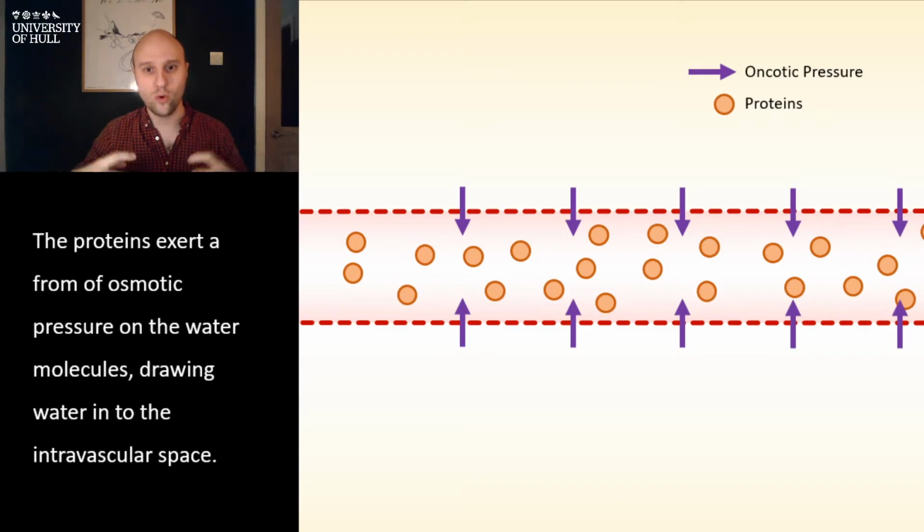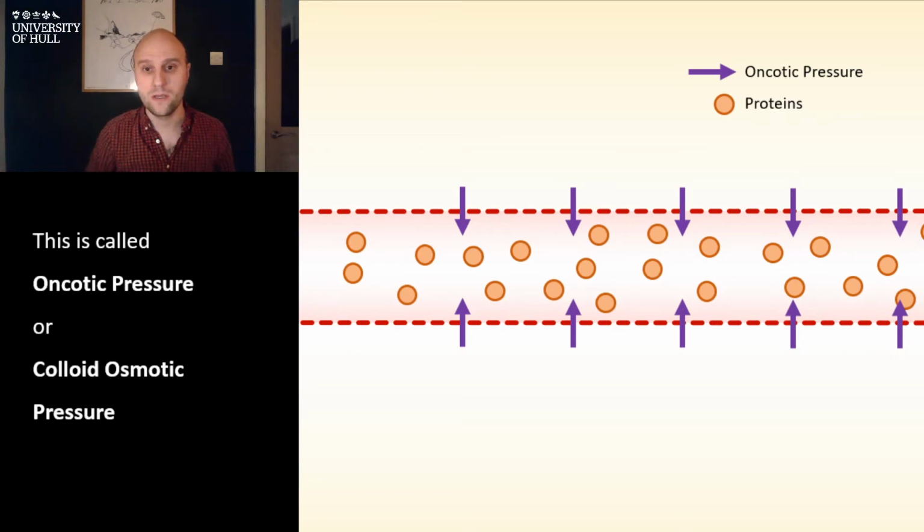So they draw water from the interstitial space towards these big proteins and molecules and cells within the intravascular space, so from the interstitium into the capillary. We refer to this as oncotic pressure or colloid osmotic pressure. You might see those terms used interchangeably. So there's a drawing of water or fluid from the interstitial space into the intravascular space because these big molecules are unable to leave the capillary, and so they're sucking the water into the blood vessel.